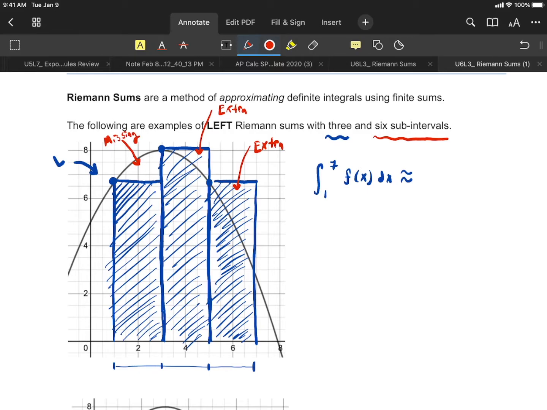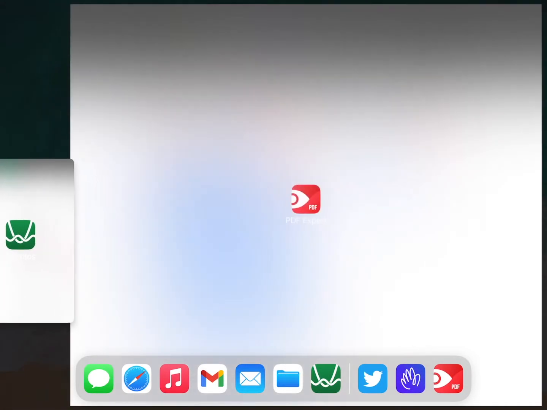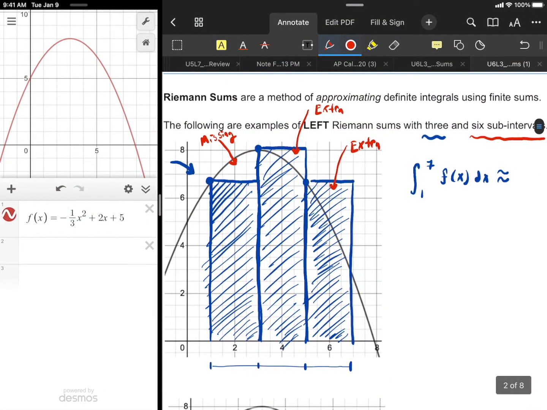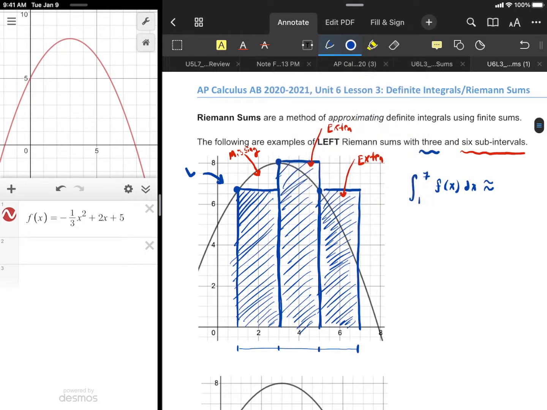Like I said, this is the same function as before, so I've got it plugged into Desmos already, so let's check this out. If I wanted to calculate the areas of these rectangles, well, the area of a rectangle is just its base times its height. The base of these is all the same.